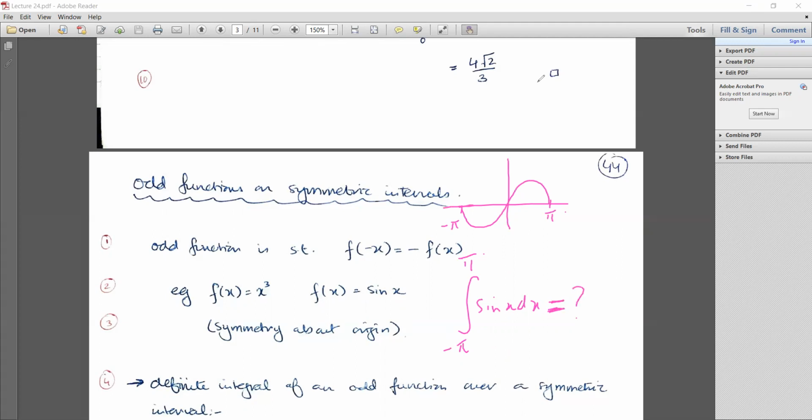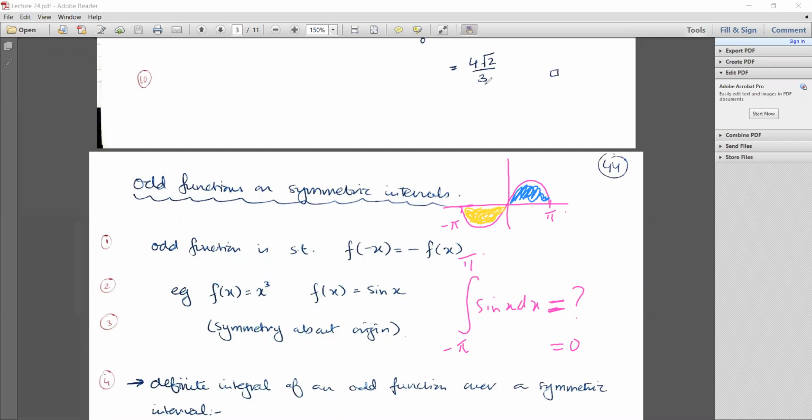Knowing what definite integration is, remember it's net area, right? What do you think the answer is? The answer is 0, because this blue shaded area is exactly going to be equal to this yellow shaded area. The yellow shaded area will count as negative, the blue one will count as positive. When you add them together, you'll get 0.